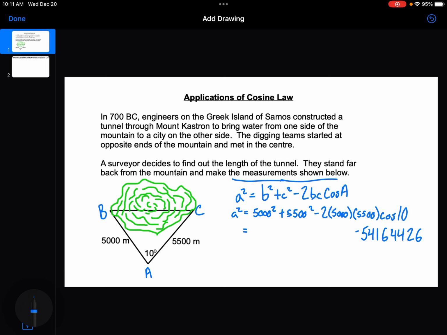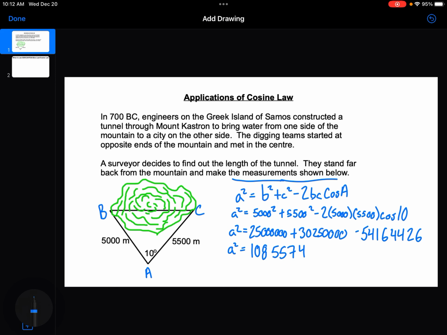So actually I'll square 5,000 first. We put all that together. So A squared is gonna be 108,557, let's call it 4.